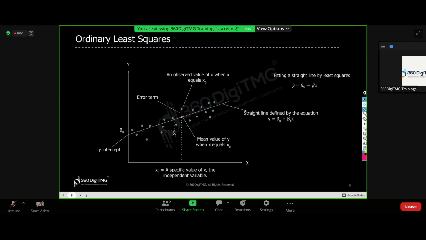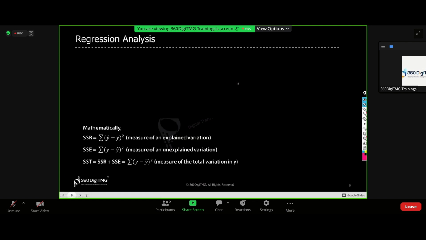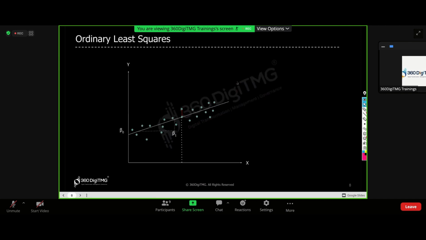Now the thing is that we need to find a straight line with the least error. Suppose these are the data points, right? This is a straight line. Now there are multiple possibilities. The straight line can go like this, it can be like this, can be like this, right?